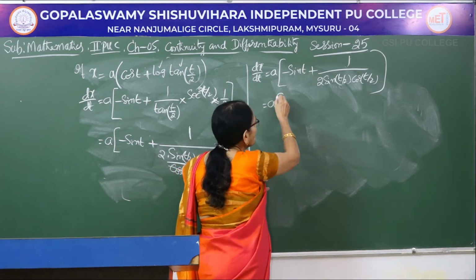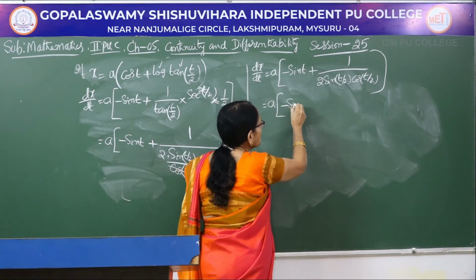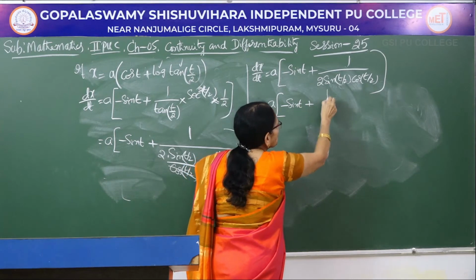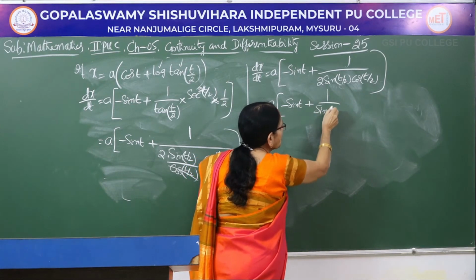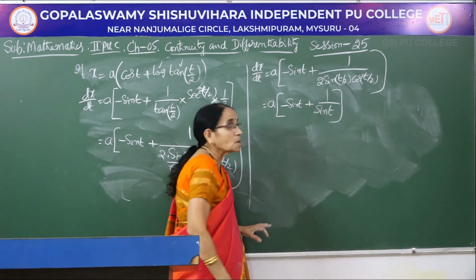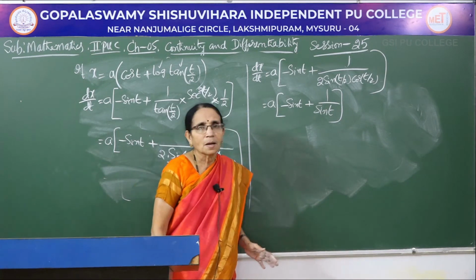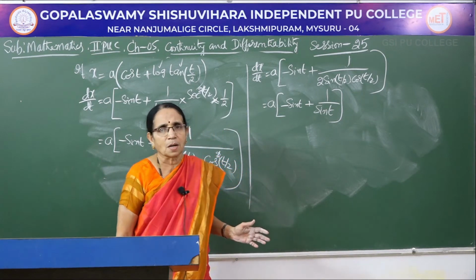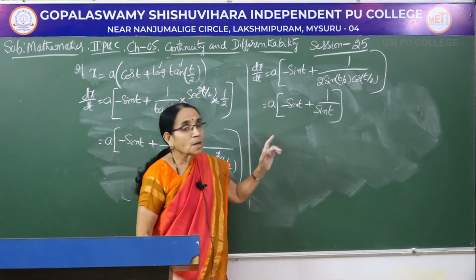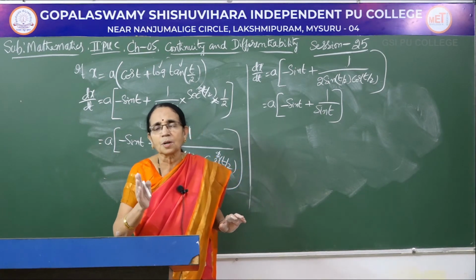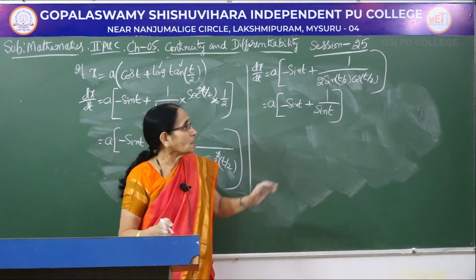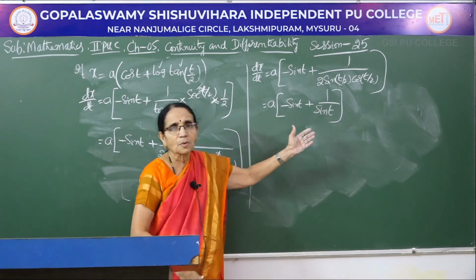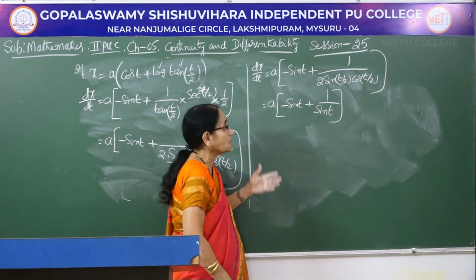That is a into minus sin t plus 1 by sin t. That is why I am telling you repeatedly, these formulae of trigonometry are very important. So, there I had written sin theta as 2 sin theta by 2 cos theta by 2. Here I am writing this in terms of the angle t.